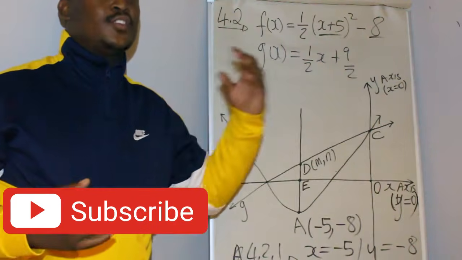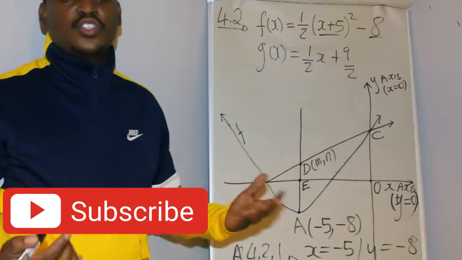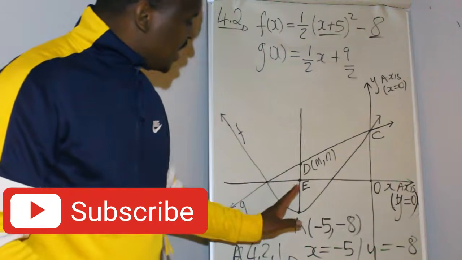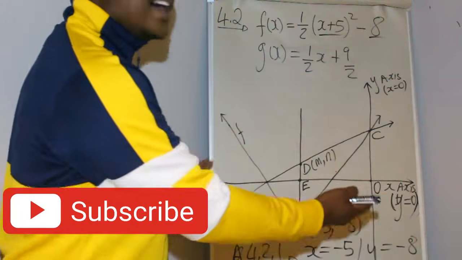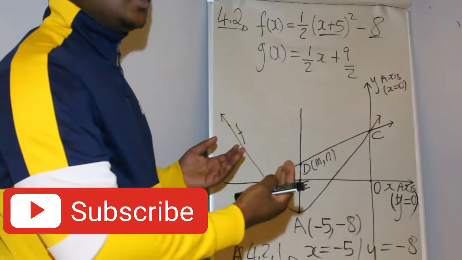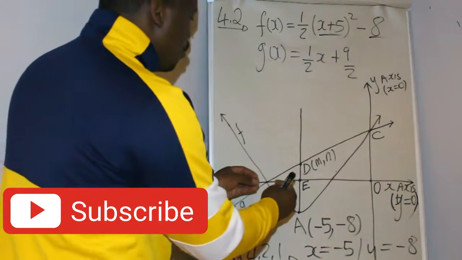When you talk about the domain, you're referring to the x values that are going to be used by the graph. This graph can use all the x values because there are no asymptotes or points of discontinuity on this graph.